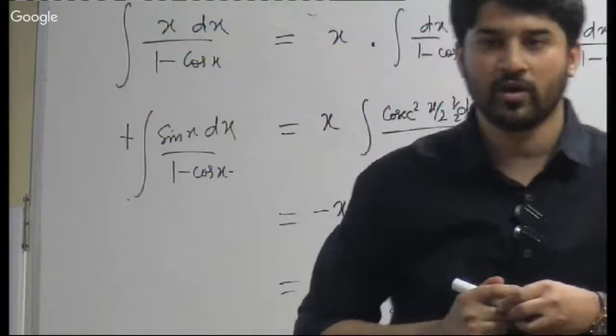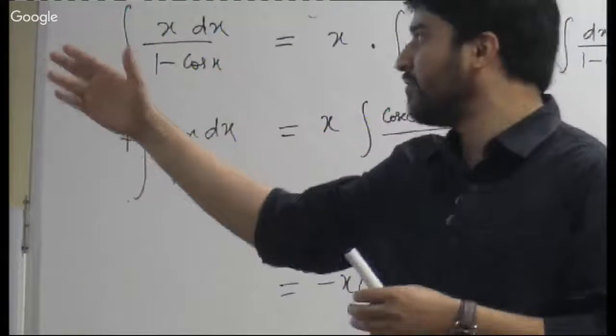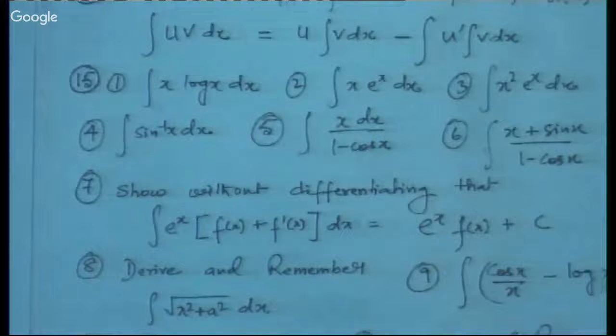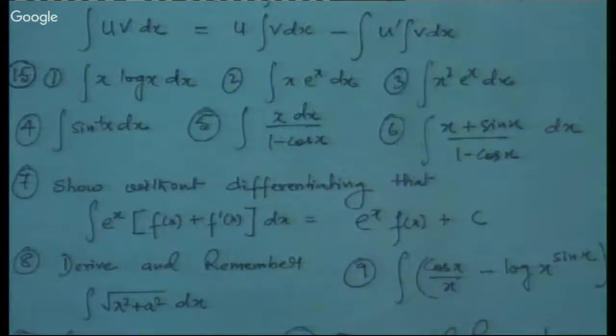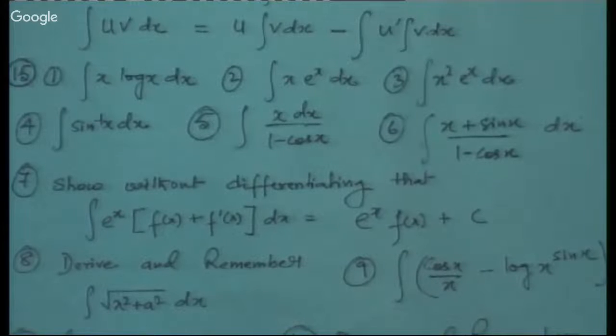Clear or not clear? So you see, even if the question had come in the examination, it would have given the sixth question, not the fifth question, and then you have to split the sixth question in two parts: the fifth part plus this part, right? Clear? Good.